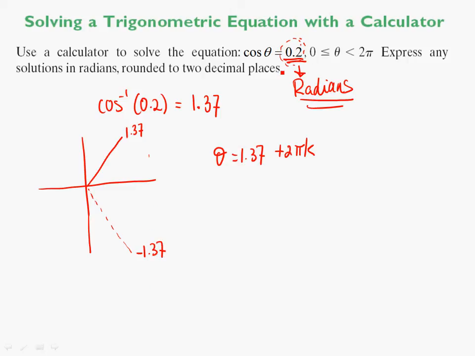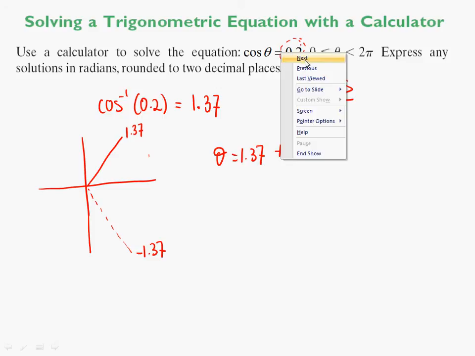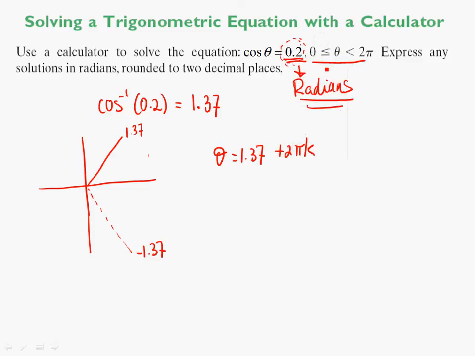If your angle has to be between 0 and 2 pi, and this is 2 pi, then how do you find this angle? You can just do 2 pi minus 1.37. So the other angle that's possible would be 4.91 plus 2 pi k.